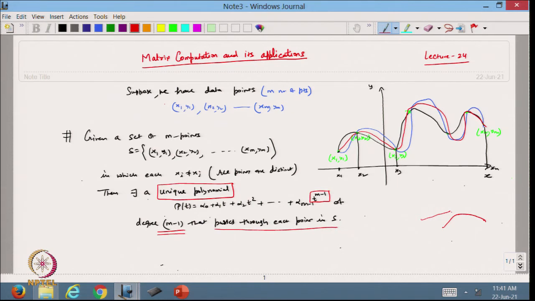So, from here one thing is clear: we have drawn 3 different polynomials, but by this theorem only one unique polynomial is going to pass through all these points. So, this one we are going to use now.